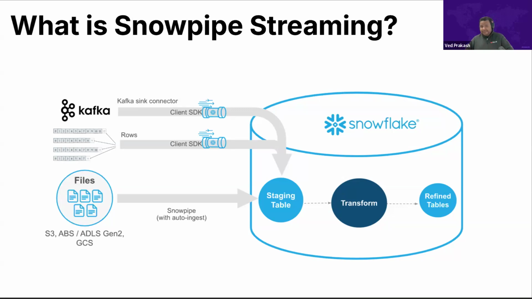Snowpipe streaming is something new, where you don't have to define the Snowpipe, the concept of a Snowpipe, outside the Snowflake system, right? So Snowpipe streaming is a real-time data ingestion feature in Snowflake that allows you to continuously load data from external sources into Snowflake tables with minimal latency.